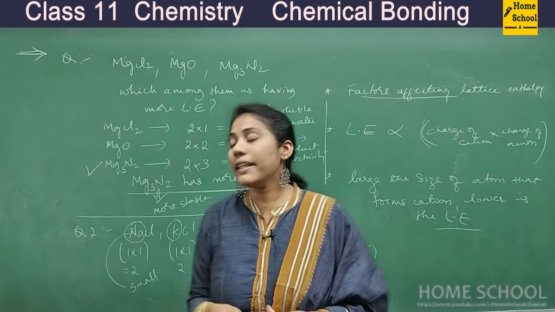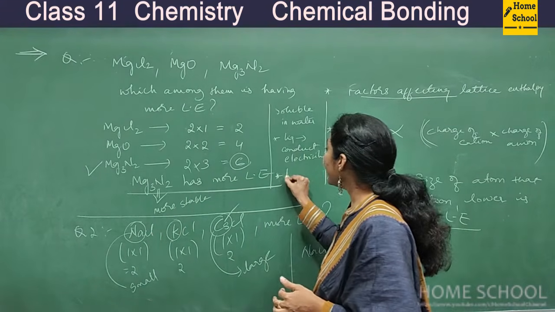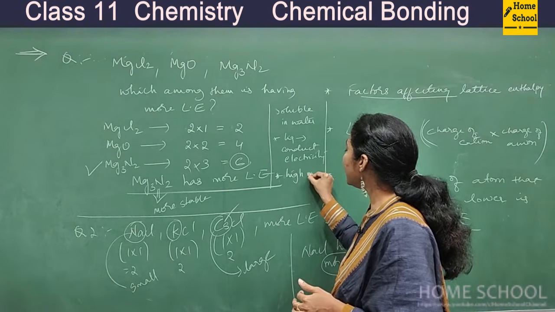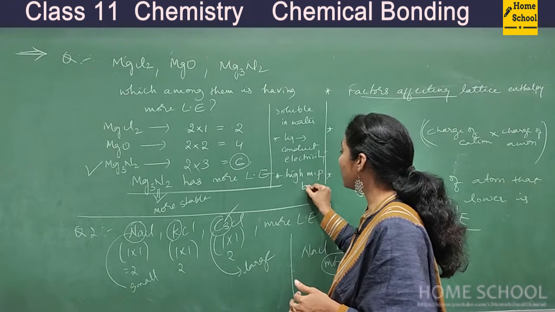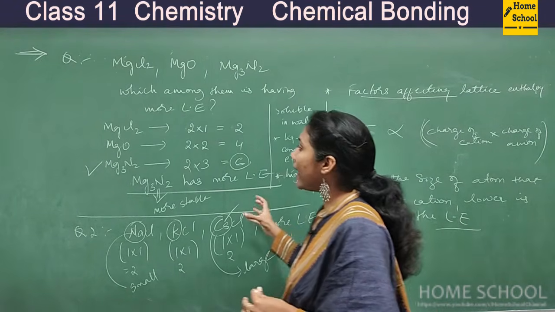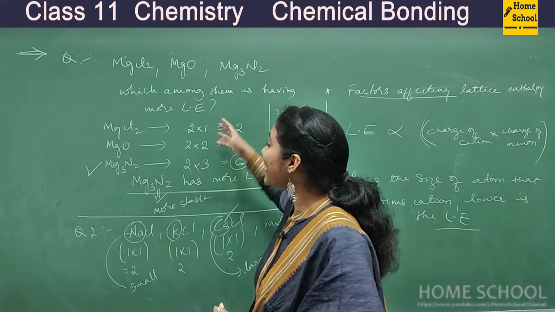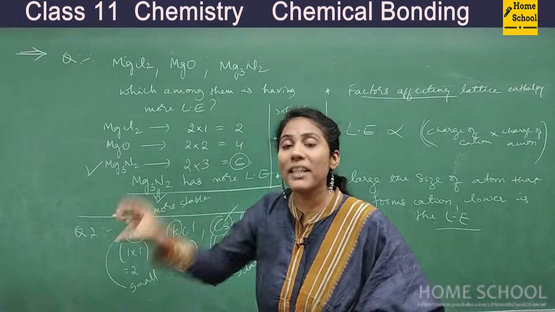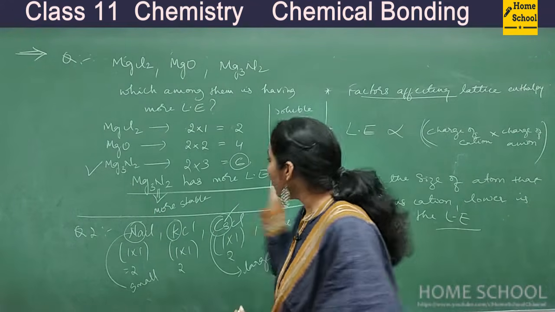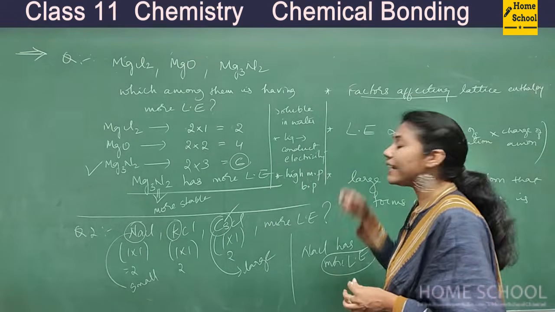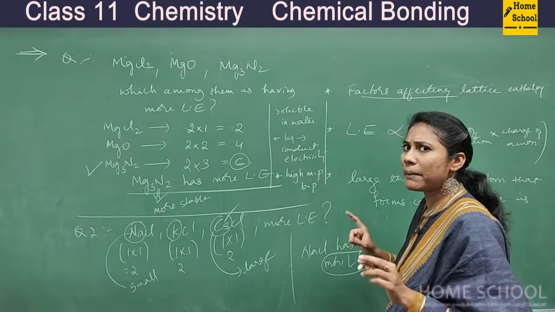And another point is, they show very, very high melting points and boiling points. Since ionic compounds are more stable, usually any compound which has more lattice enthalpy will always have a high melting and boiling point. Okay, try to remember this.